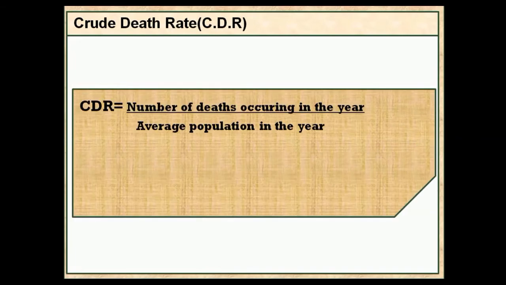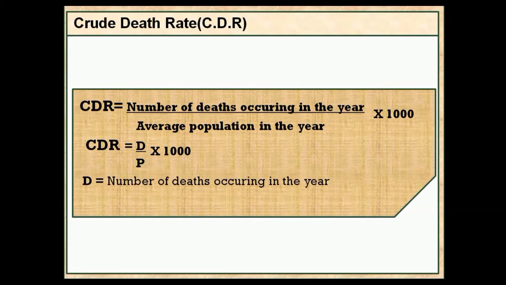CDR equals number of deaths occurring in the year divided by average population in the year, into 1000, where CDR is also represented as D divided by P into 1000. D indicates number of deaths occurring in the year. P indicates average population in the year.